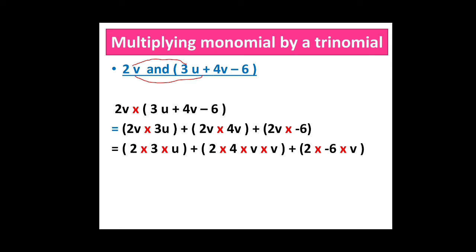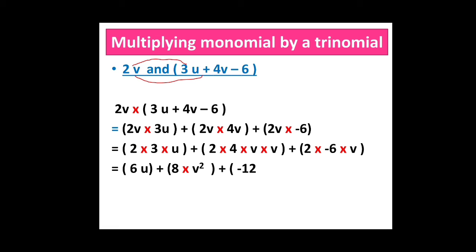So now what we have to do? Multiply. 2 3's gives 6u plus 2 4's 8, and here we are having v twice, so v to the power of 2, plus 2 into minus 6 gives minus 12.